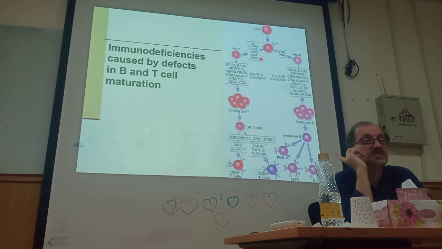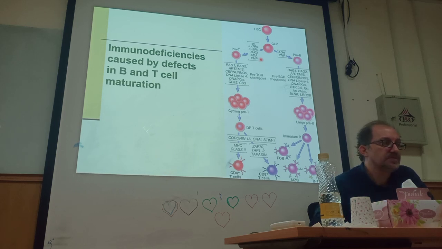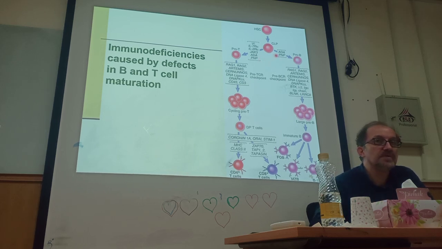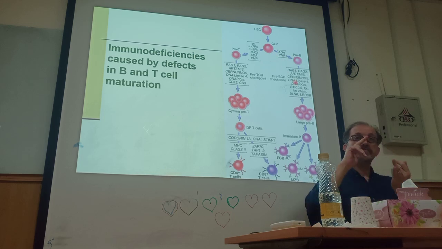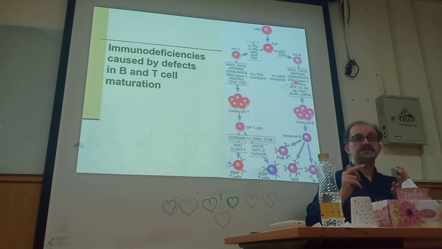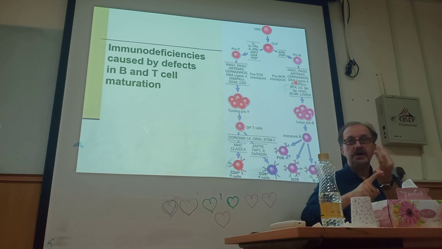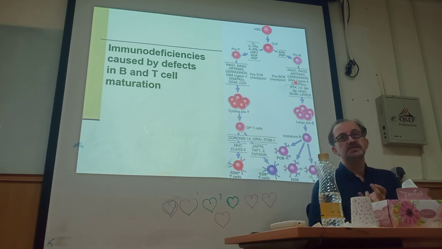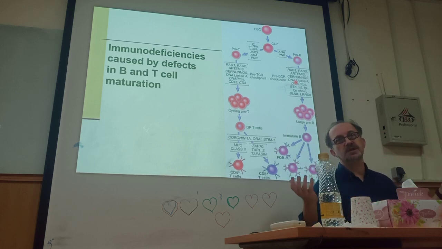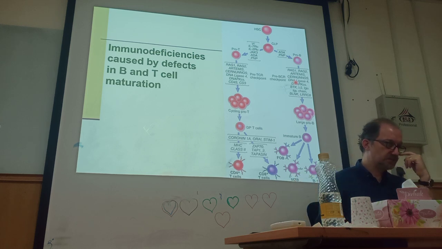Are you sure? It affects T cells and also B cells. Exactly, because it's here as well. So not only T cell and B cell, but also NK cell. So this is T minus, B minus, NK minus SCID. This is a SCID that has no immune cells. Was it clear?